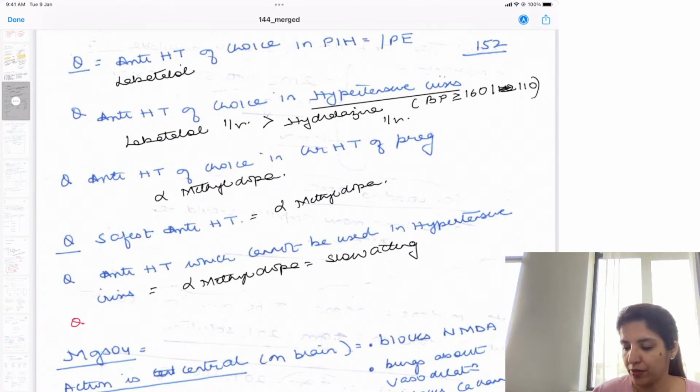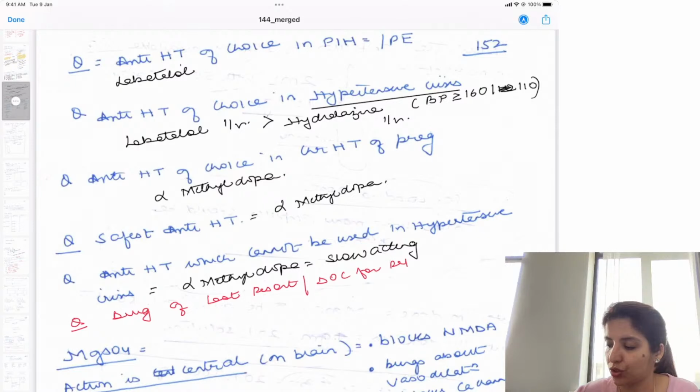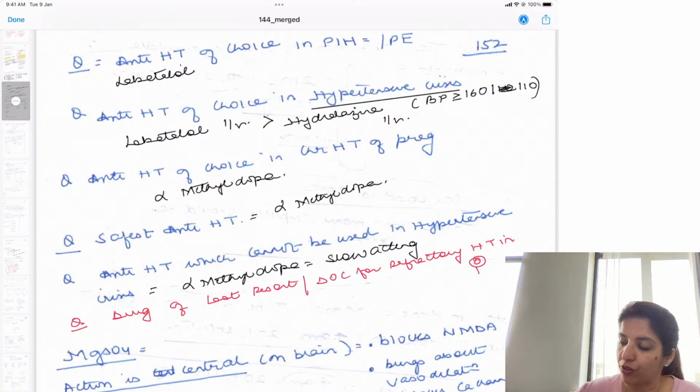Next question is, which is the drug of last resort? So which antihypertensive are you going to use last? That is the drug of choice for refractory hypertension in pregnancy. So what is that drug?